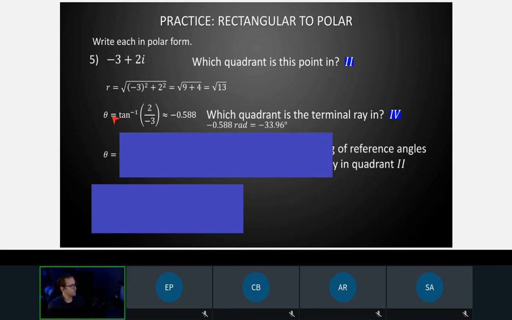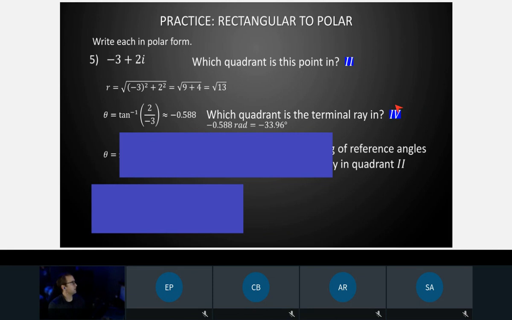In the event you get a problem like this, it's easy to make a mistake because we're so used to seeing pi after it. Convert it into degrees so you can easily understand it. Again, that conversion is multiplying by 180 and dividing by pi. That's how I got this. So we're in quadrant 4.